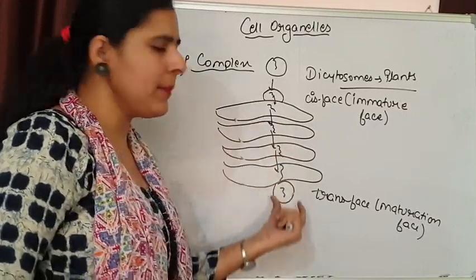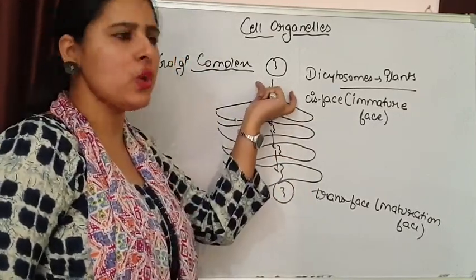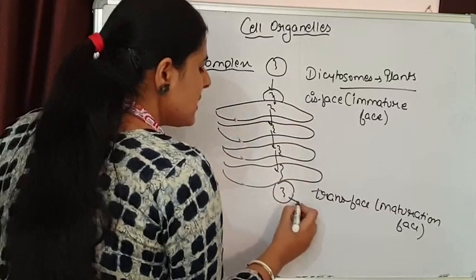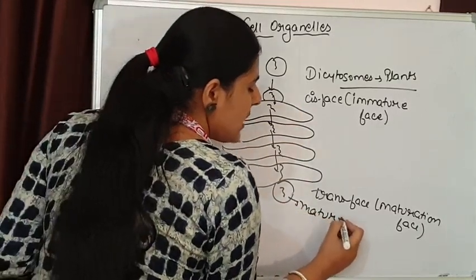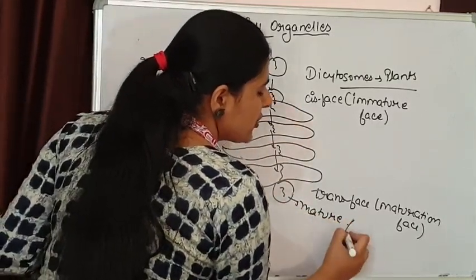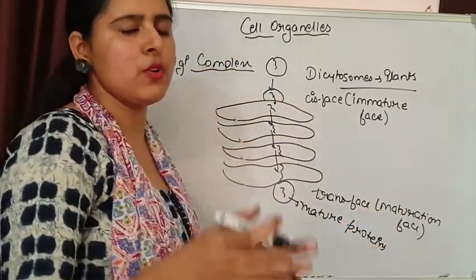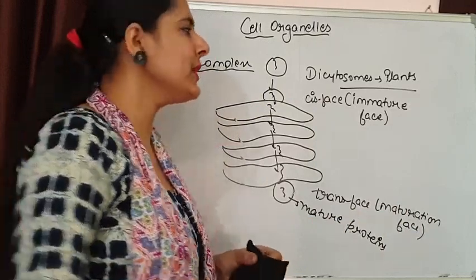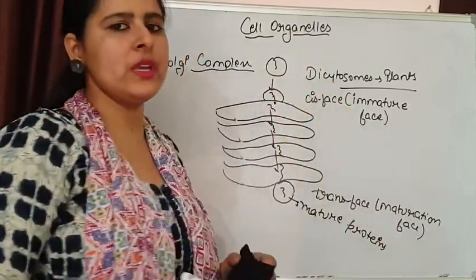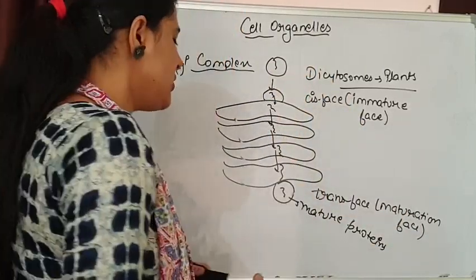Initially it was immature, and when it is coming out, it is a fully mature protein that has the ability to function. That's why this is the maturation phase, because it is leaving out a mature protein, and this is the immature phase because it is taking in an immature protein.